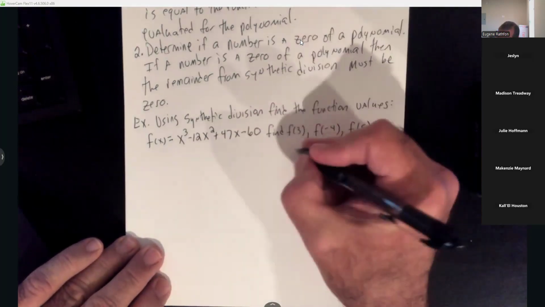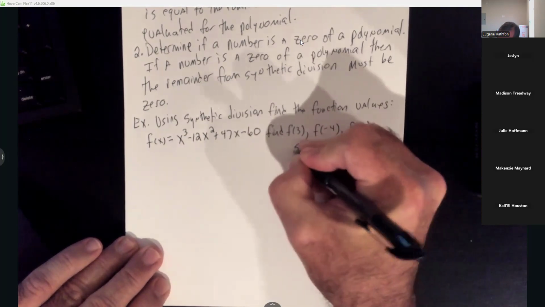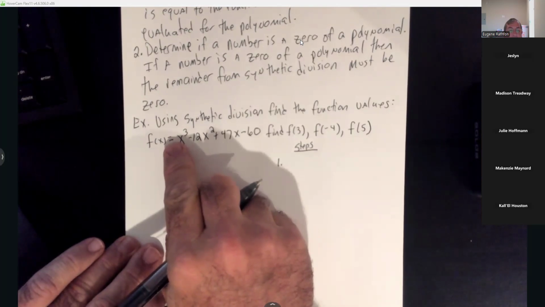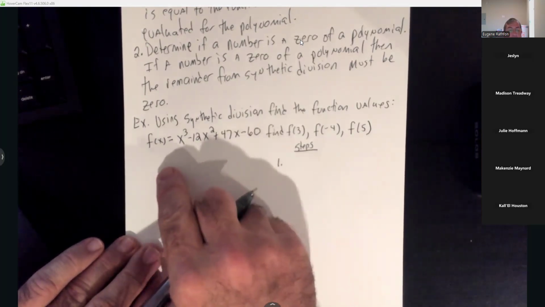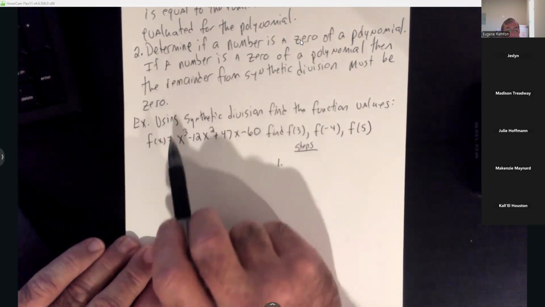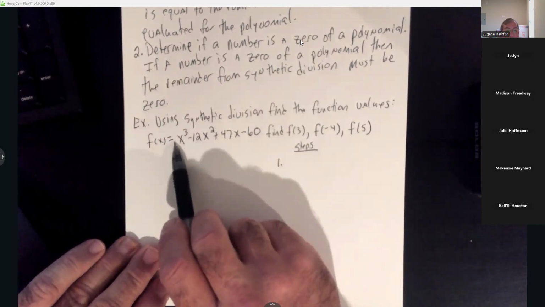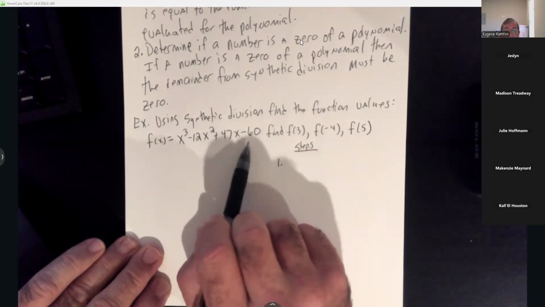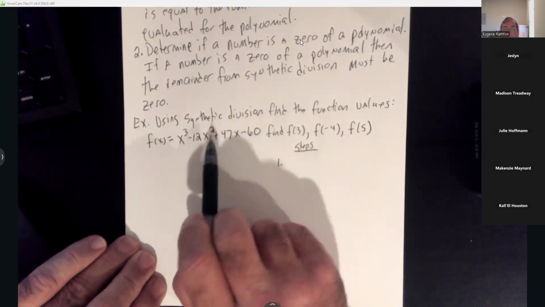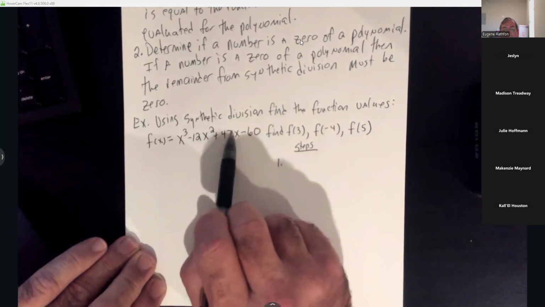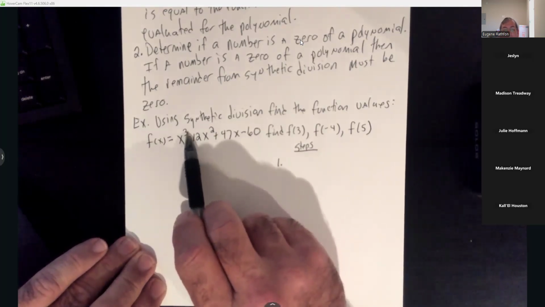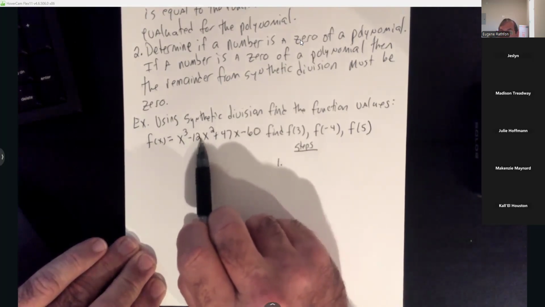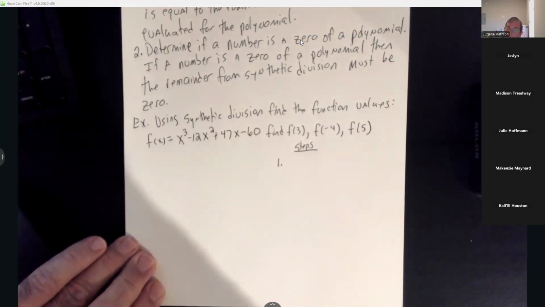All right. So the steps. The first step we're going to do, we're going to look at this polynomial and we're going to write out all the coefficients. Now remember, the coefficients are the numbers. So the first coefficient would be a 1, a negative 12, a 47, and a negative 60. Now, you see how they're in descending order? If any of the exponent spots are missing, we would have to put a 0 in for it, okay?